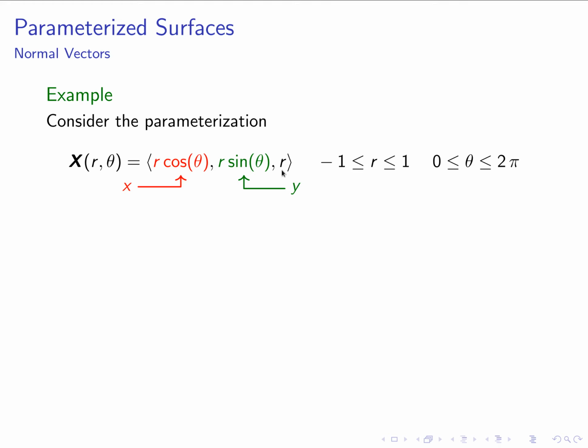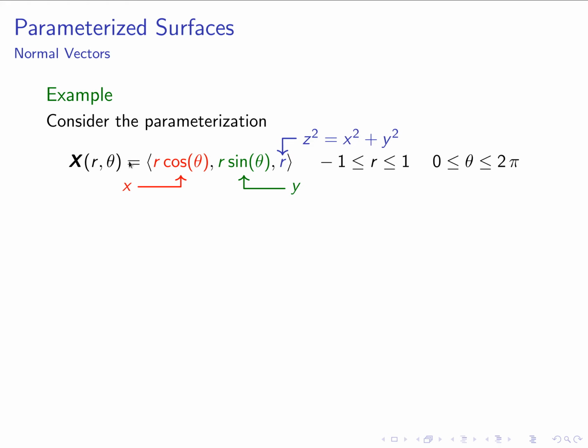So we have our x, we have our y, and if x is r cosine theta and y is r sine theta, what this means is that our z actually obeys the equation z squared, which would be r squared here, equals x squared plus y squared.